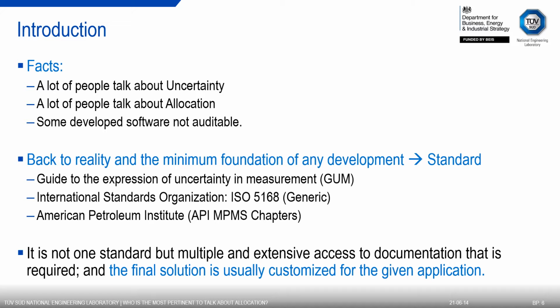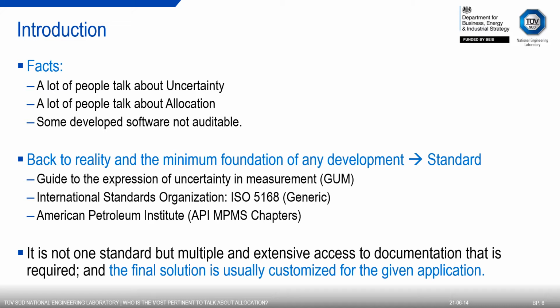If you want to look at allocation, you need to refer to standards. Essentially you go around 3 main ones. The GUM, or if you prefer, the Guide to the Expression of Uncertainty in Measurement. This will be very important. The International Organization for Standardization, or the ISO, related to the different techniques of measurement, and probably the 5168 will help you a lot.